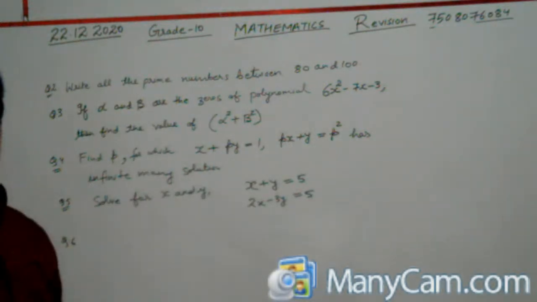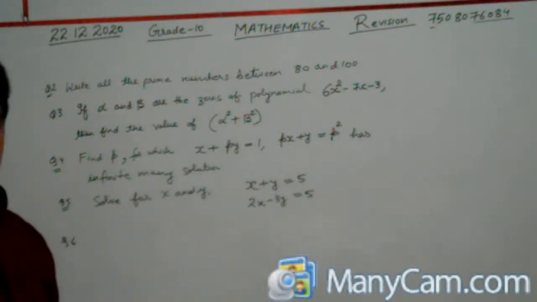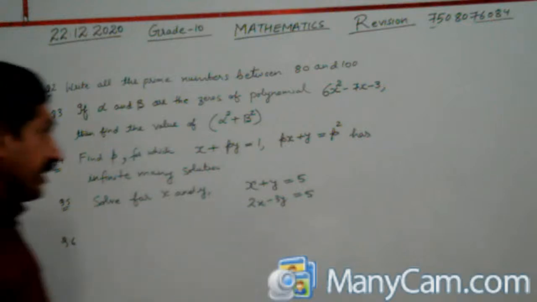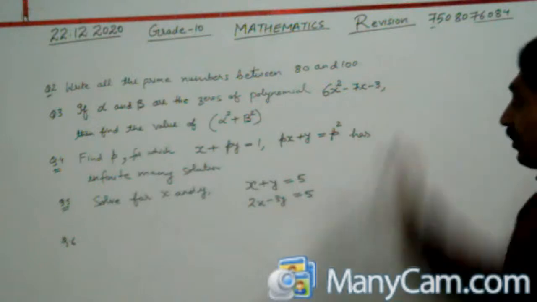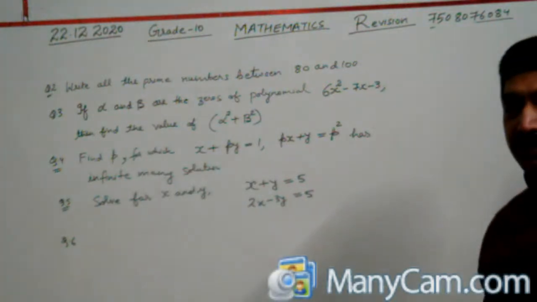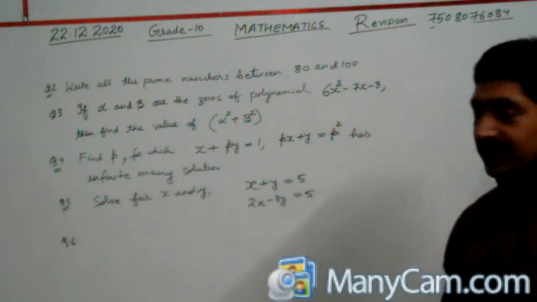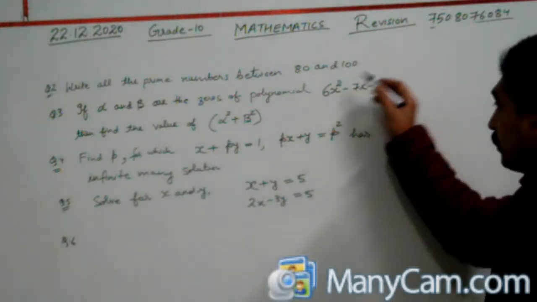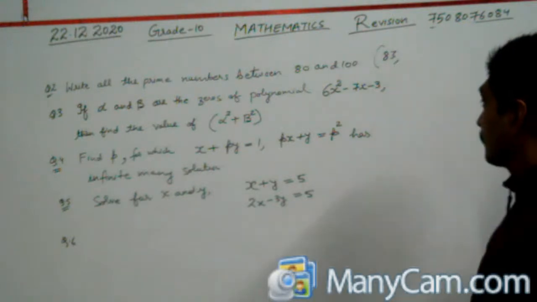Here between 80 and 100, 91 is not a prime number, nor are 92, 93, 94, 95, 96. 97 is the only prime number in the nineties. Among 81, 82, 83, the prime number is 83.